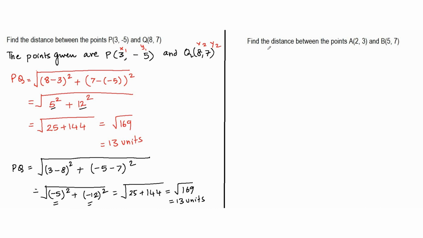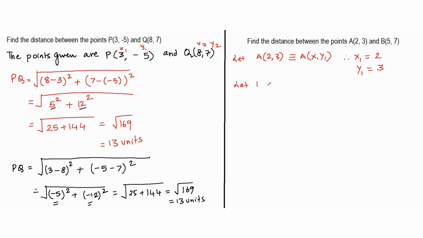Okay, let us take up the next question. Find the distance between the points A of 2, 3 and B of 5, 7. I can say let the point A of 2, 3 be equivalent to A of x1, y1, and therefore x1 is equal to 2 and y1 is equal to 3.